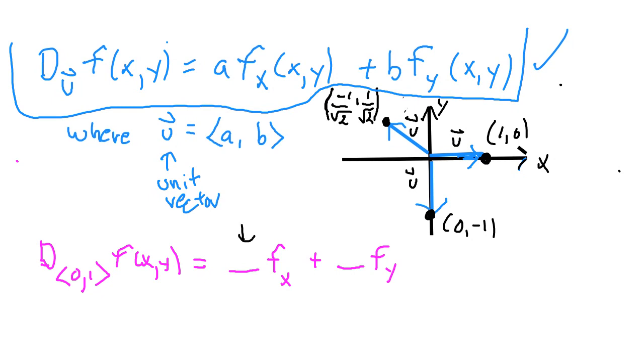What are the weights going to be? What are A and B going to be in this situation?